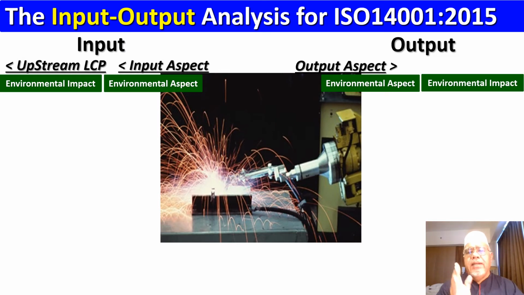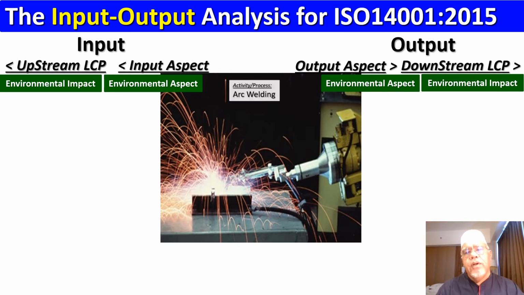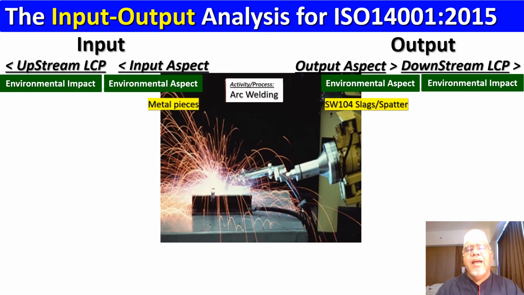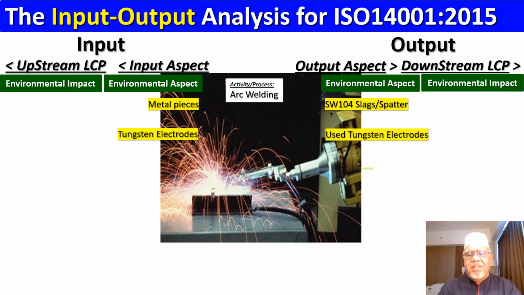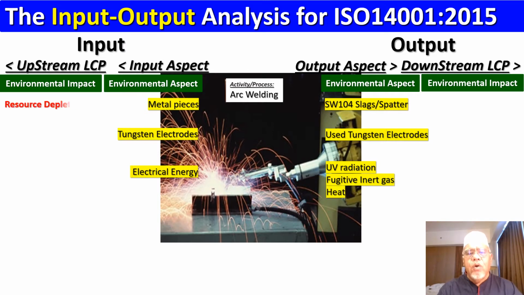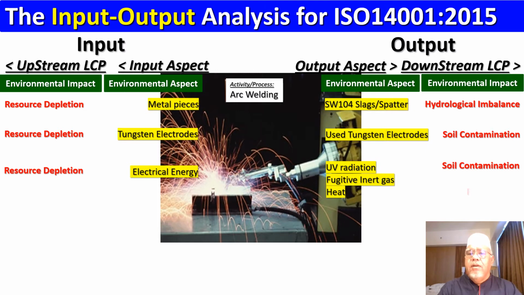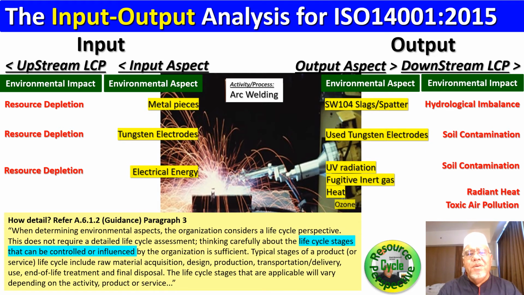Not everybody is able to do this. Therefore, in order to identify environmental aspects from this process, we have got to involve the hands-on people, the experts themselves. Therefore, in my case, I would go down to the production area and meet these people.